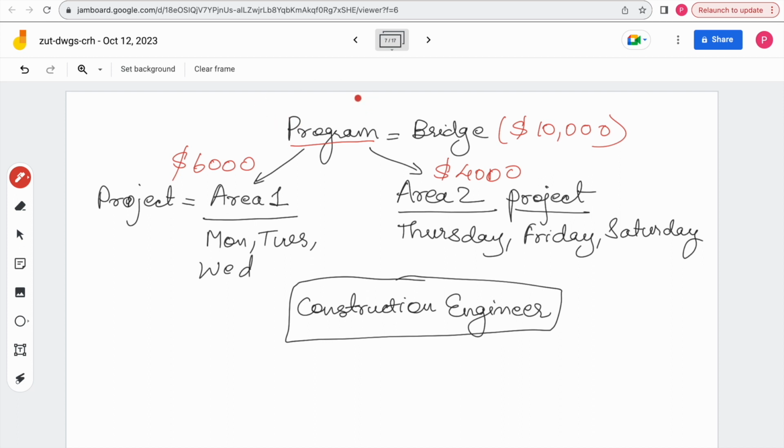Let's say my organization has a particular sales target X. Let's say the sales target is $50,000 for a particular project.